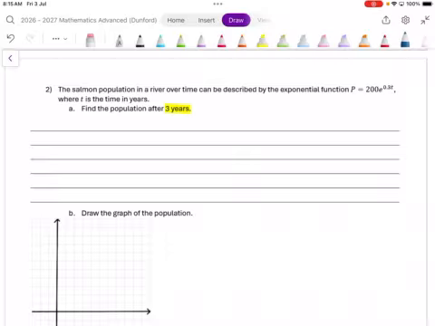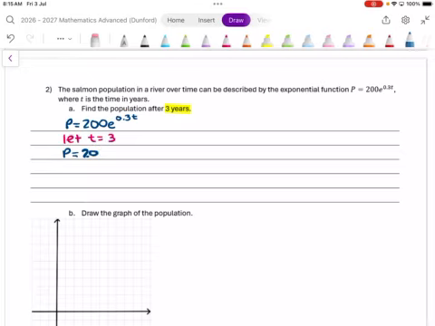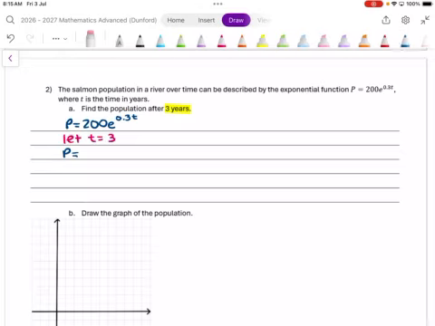The first thing we do is write out our equation P equals 200e to the 0.3t, and then we let t equal 3. So P equals 200e to the 0.3 lots of 3, and we put that into our calculator.